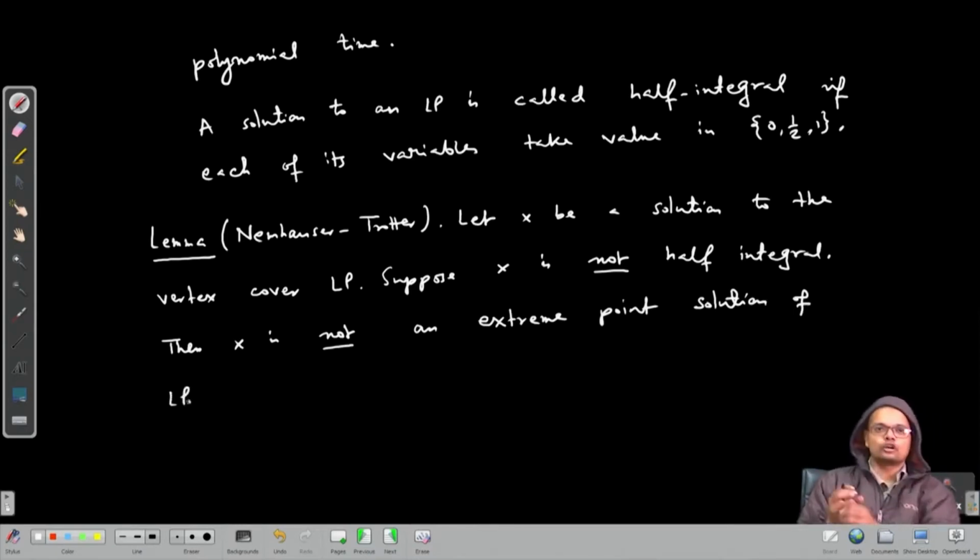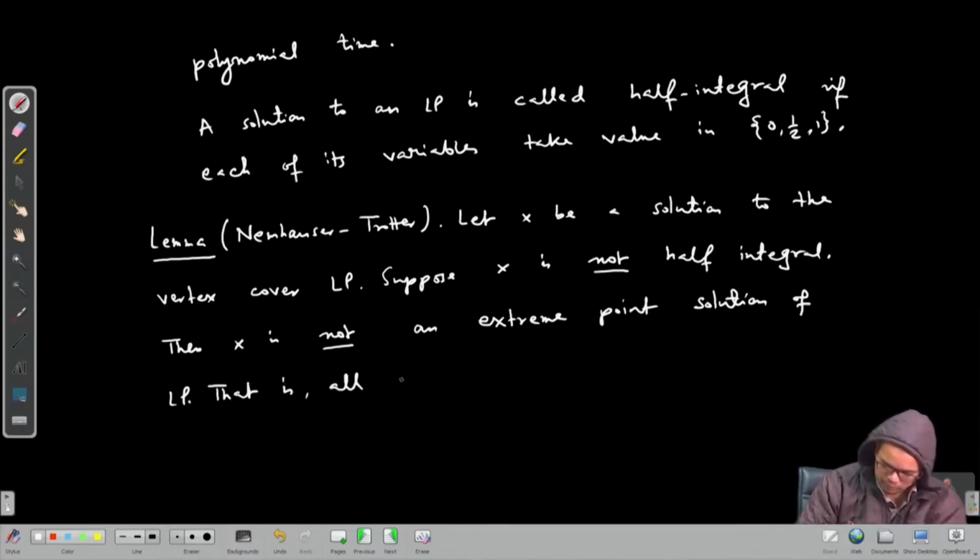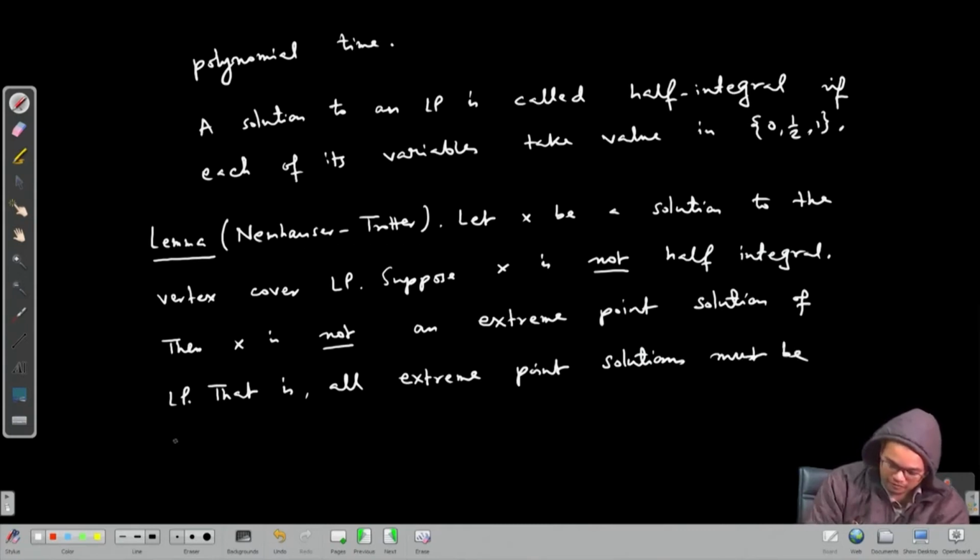That means all extreme point solutions of the LP must be half integral.